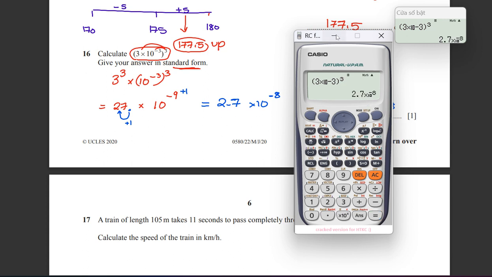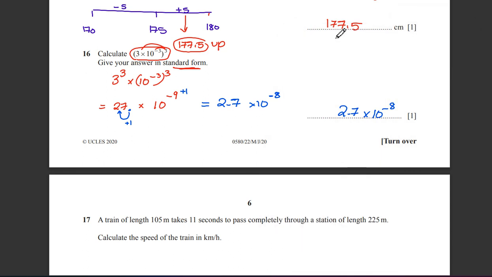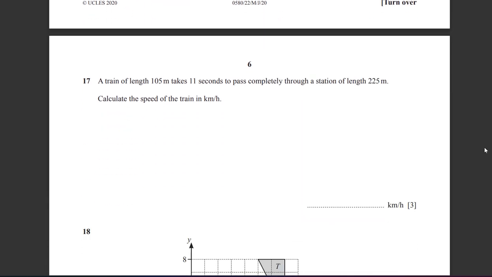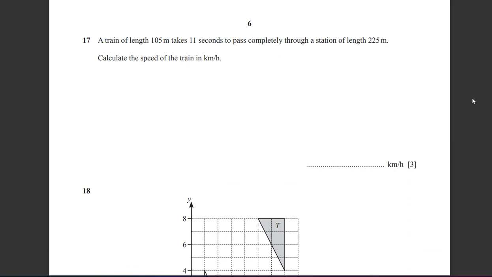A train of length 105 meter takes 11 seconds to pass completely. There is a key word here, very important. To pass completely through a station of length 225 meter. Look here, if this is the station, from the beginning to the end is 225 meter.